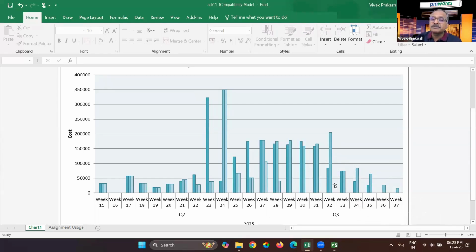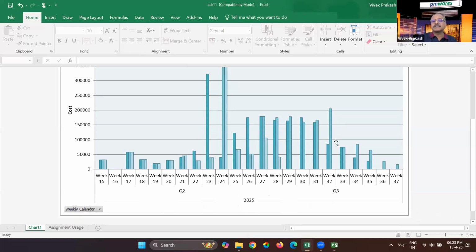The project was supposed to be complete by 35, but it has gone up to 37, so 2 weeks of delay. You see this? So you can analyze the report and see what it shows.